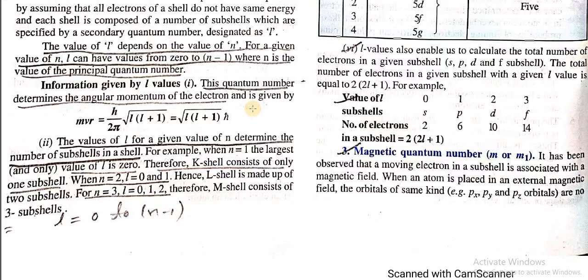If n is 1, then L ranges from 0 to n minus 1, so the value of L will be 0. And if L is 0, then it is an s orbital.